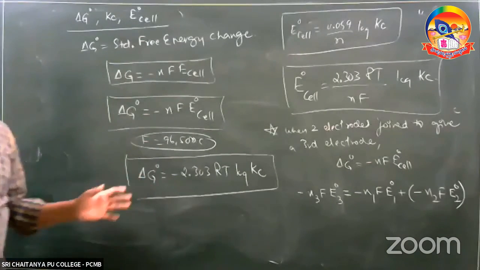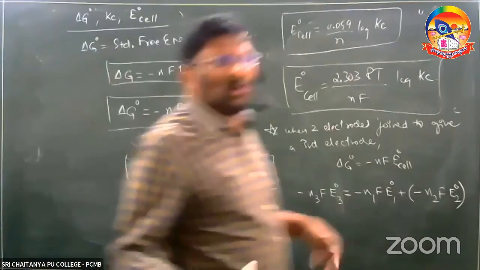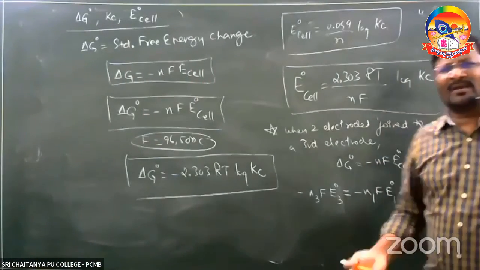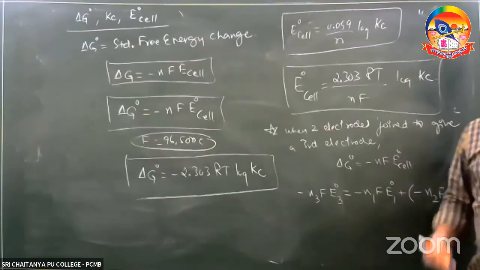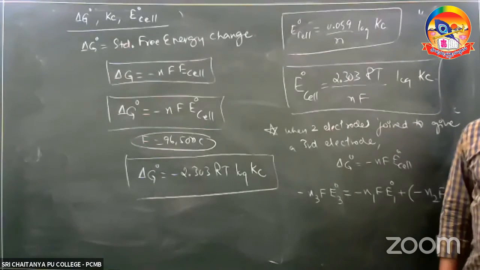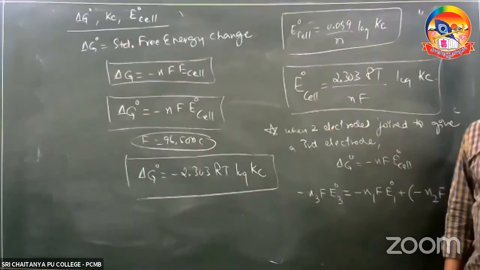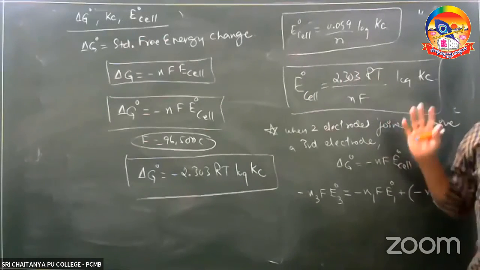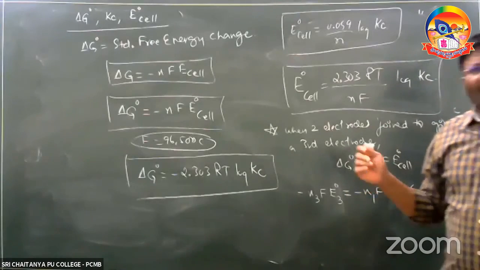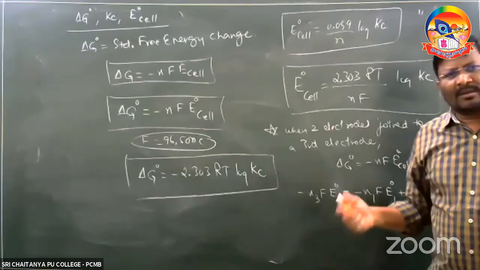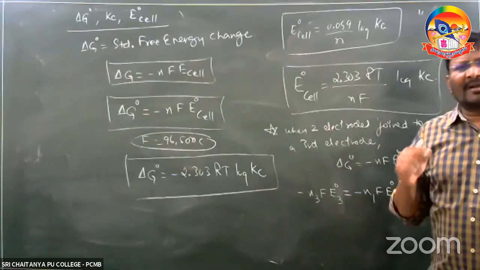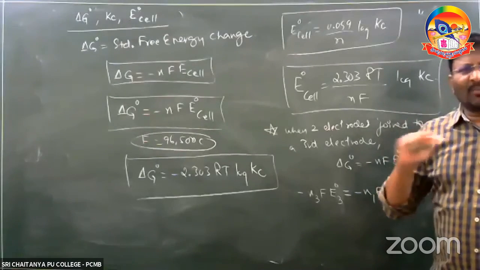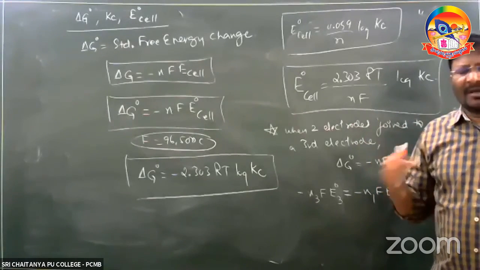But see, now we have to do the numericals on this. The numericals next week we can do. So for next week, what we have to do? Listen. Next Monday, at that time, you just come with all these formulae. I think you might already be noting the important points because I said to take screenshots.